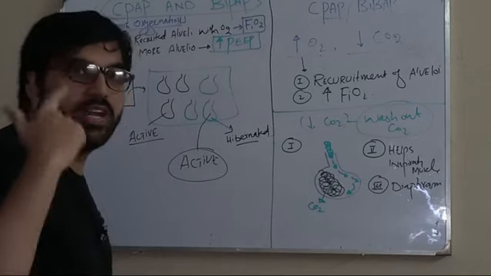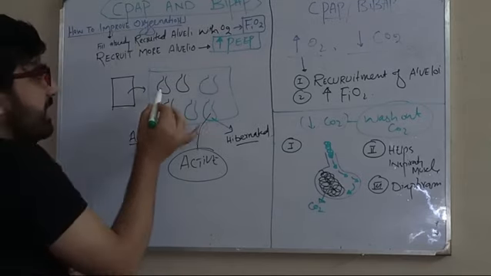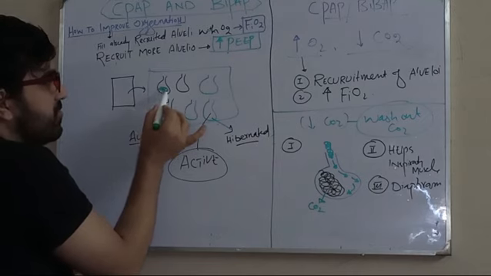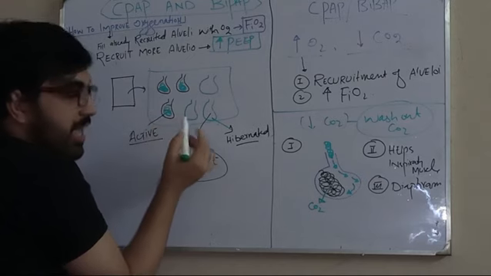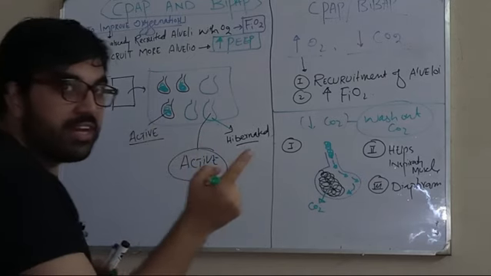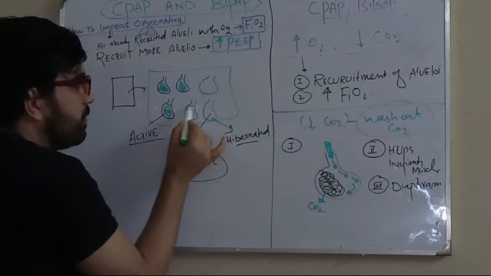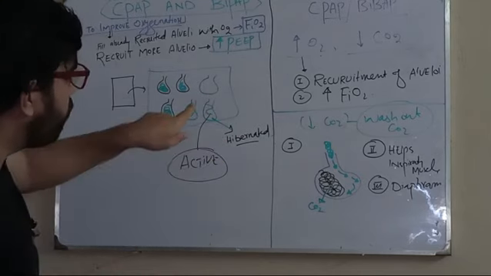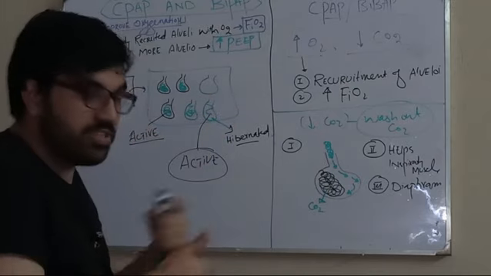Point number two, if we do something that increases the concentration of oxygen in the already active alveoli. So if we recruit more and more alveoli, it will increase oxygenation.